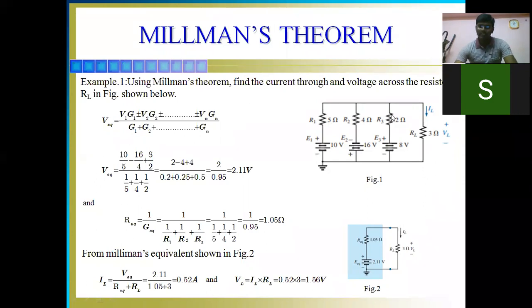We are asked to find the current flowing through RL. First we need to calculate the Millman equivalent, that is, V equivalent in series with R equivalent.